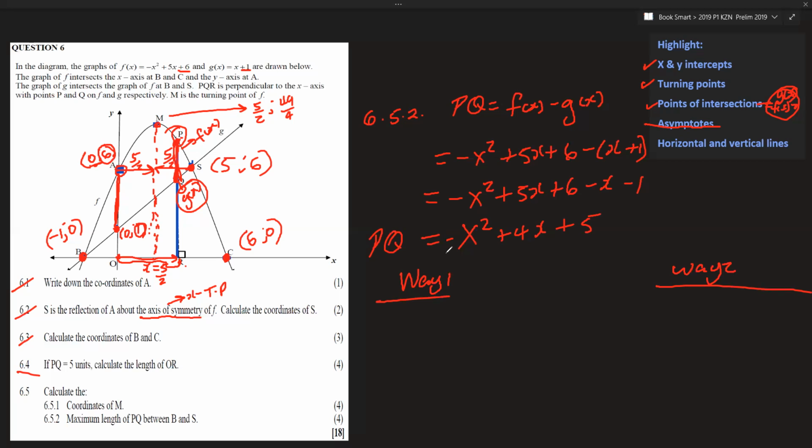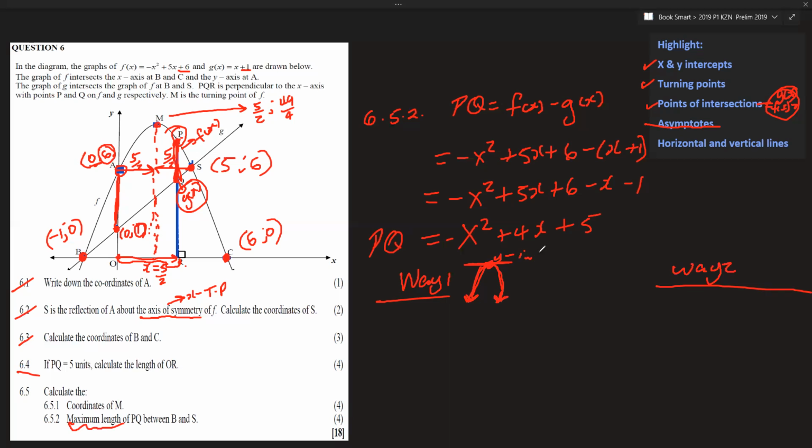Guys, remember, this is a parabola, right? Ax squared is always a parabola. So I'm going to find the turning point here. Remember, this is a parabola that is facing down. So obviously here I'm going to have the maximum value. So my maximum is basically the y value in the turning point.